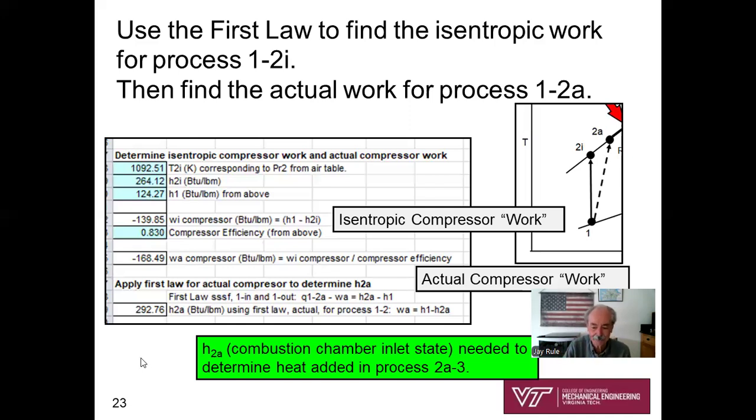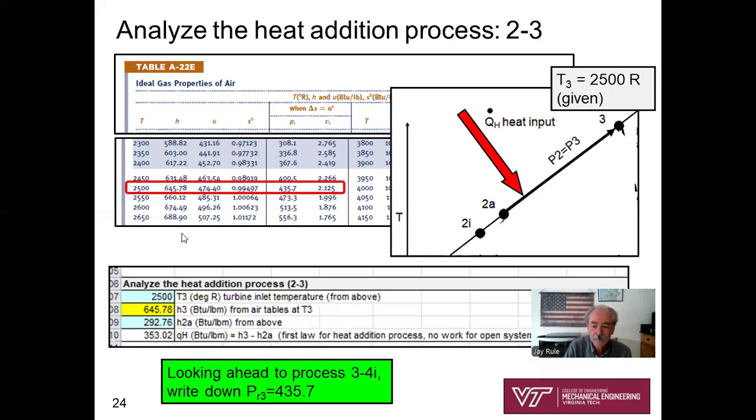We've got the inlet to the combustion chamber, inlet to the heat addition process. Next thing I've got to do is find the enthalpy leaving the heat addition process model, the combustion chamber. I'm given 2,500 degrees R. So I'll go back to table A22 and look up H3, 645.78. Also, looking ahead to my next task, the turbine process, I'm going to write down that PR3 is 435.7.